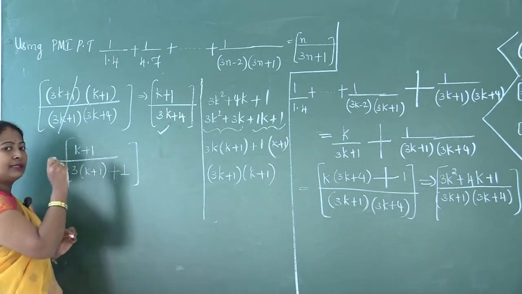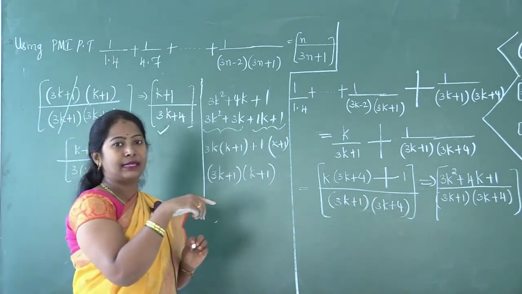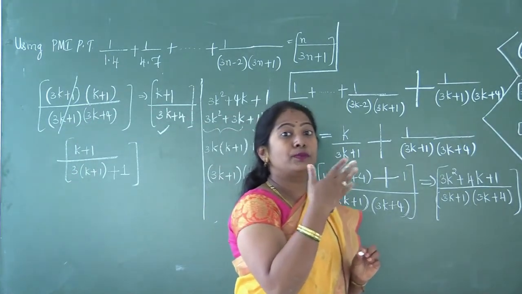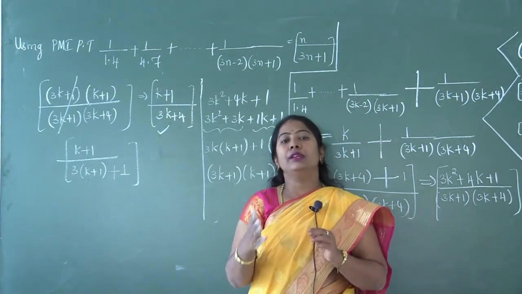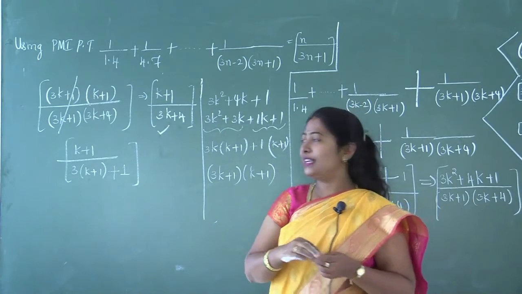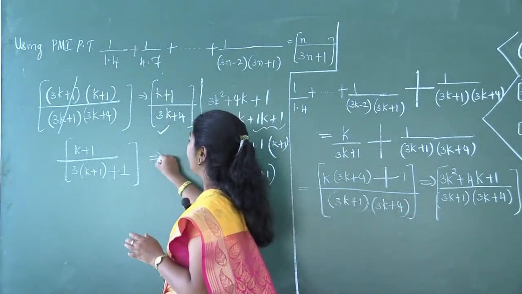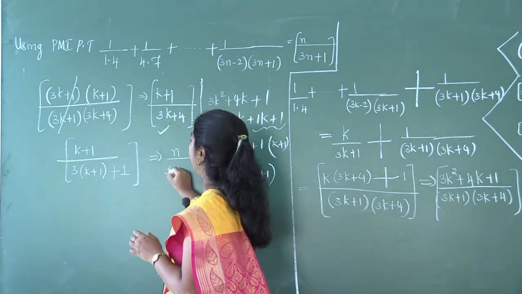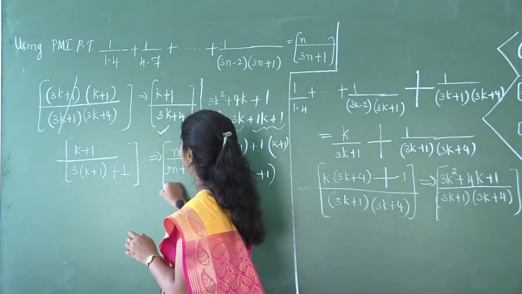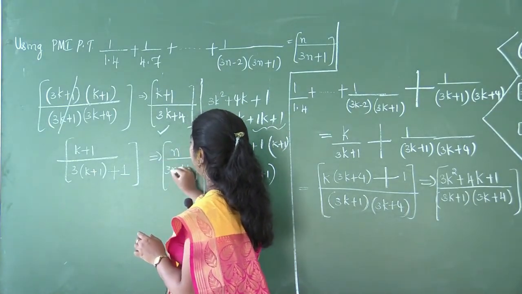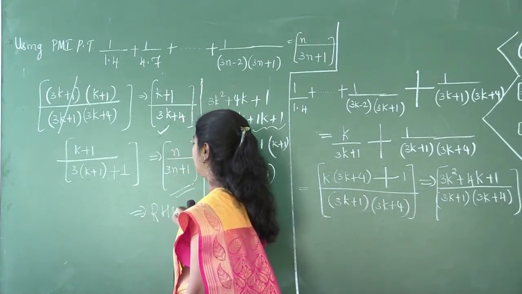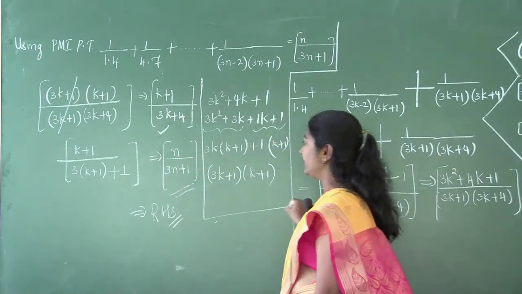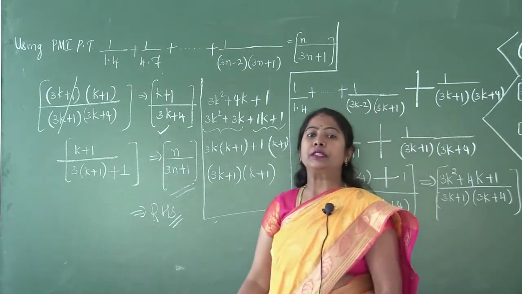Yes. What is k + 1 equal to by the last step? We are supposed to prove that the given statement is true for n = k + 1. So in place of k + 1, what do I write? n, and therefore I can rewrite this as n divided by (3n + 1), which is equal to RHS.